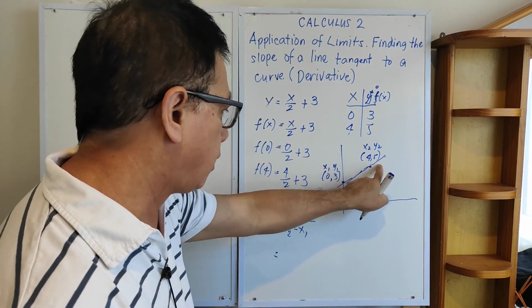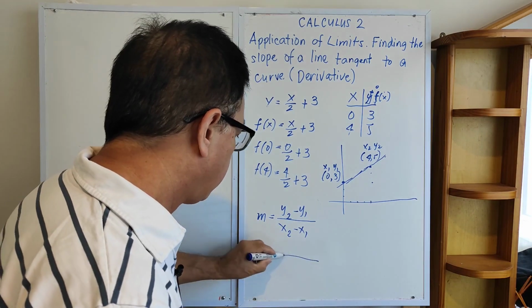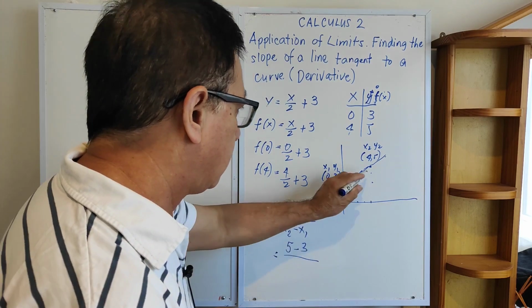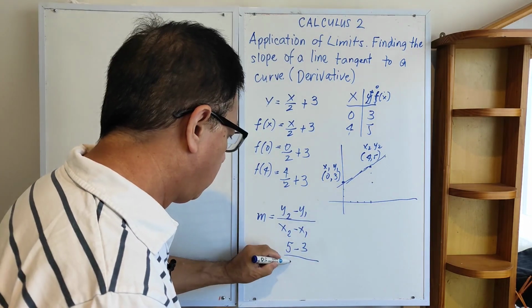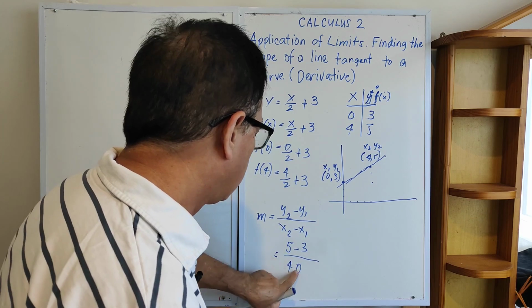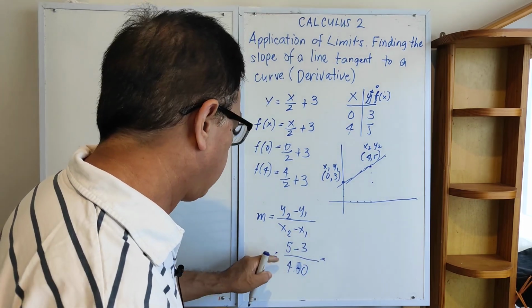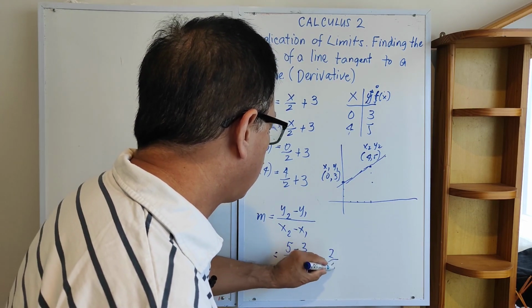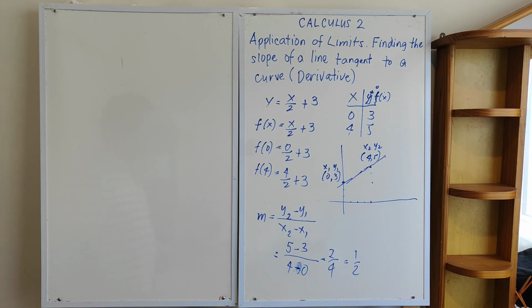So 5 minus 3, and then x2 minus x1, 4 minus 0, so this is 2 over 4 or 1 over 2. So your slope is 1/2.